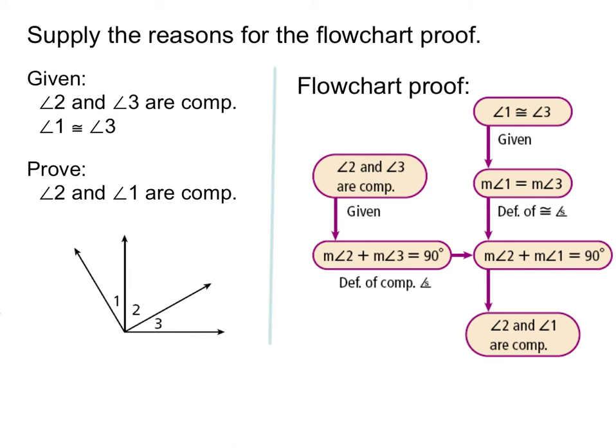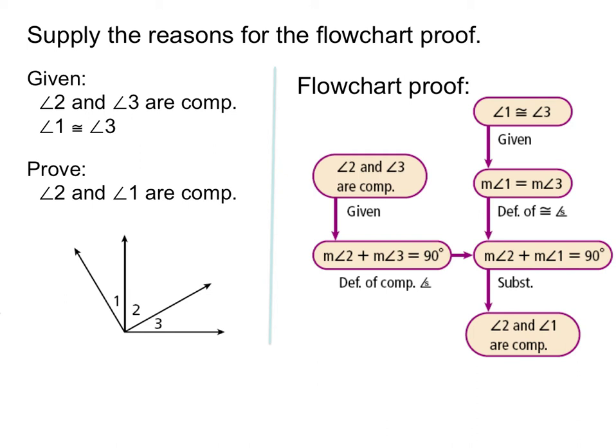So we took that left hand statement, angle 2 plus angle 3 equals 90, took out the angle 3 and replaced it with measure of angle 1 because they're equal. Reason? Substitution property of equality. Looks like I didn't put the whole title there.